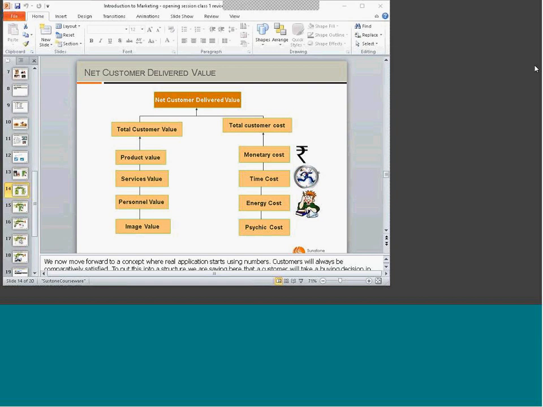I'll give another example, especially for ladies. A nail polish made by Lakme, and a nail polish from a brand called Mayavati, is 5 rupees and Lakme is 100 rupees. You will always buy Lakme at 100 rupees. That lady is going to say, will my nail survive that nail polish?